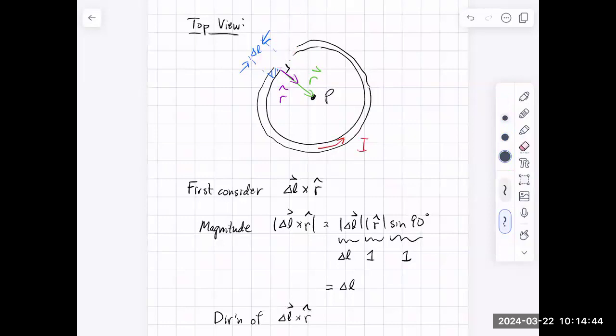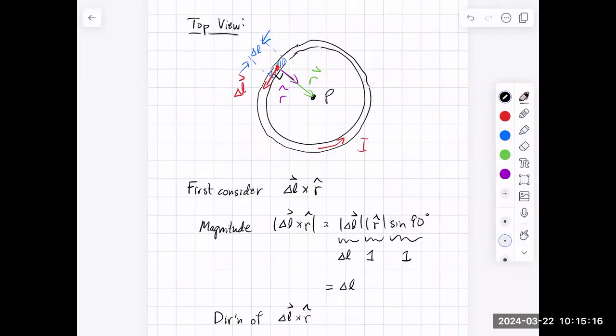So we'll draw our loop back here. We'll color in our blue section. And now I got to put my delta L so that it is in the same kind of orientation as the current. Okay, so the magnitude calculation doesn't change, but our cross product changes. So now what I have to do is my right-hand rule again.